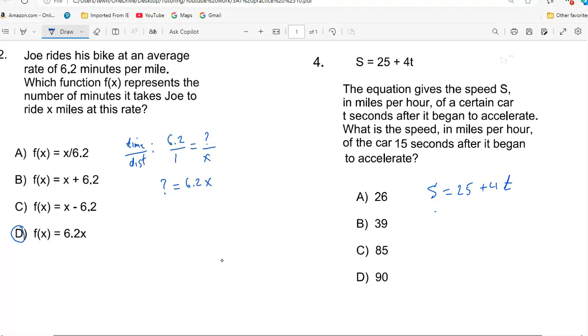So if I substitute t with 15, that's going to give us 25 plus 4 times 15, that is 60. So 25 plus 60 is 85. And the answer will be choice C. And that's it for this one.